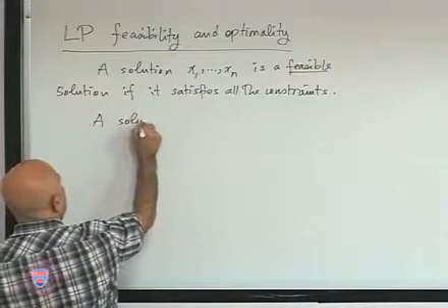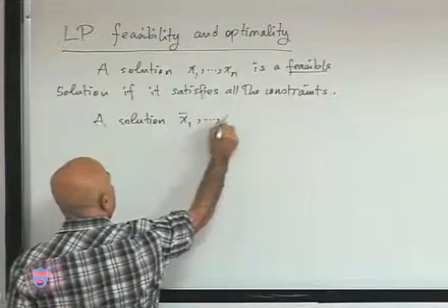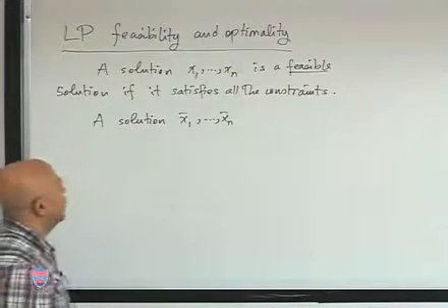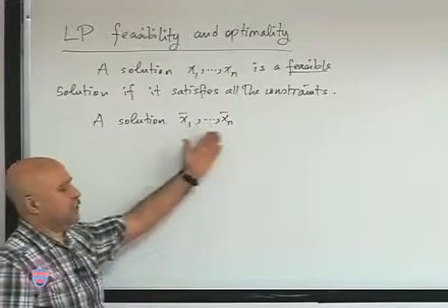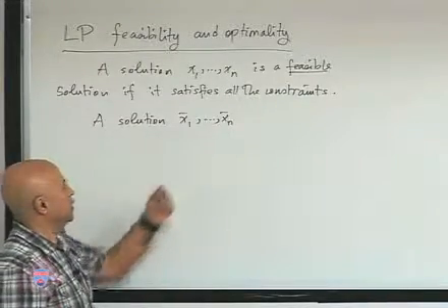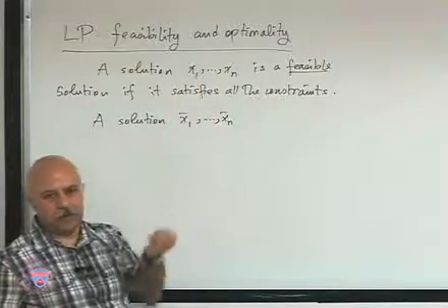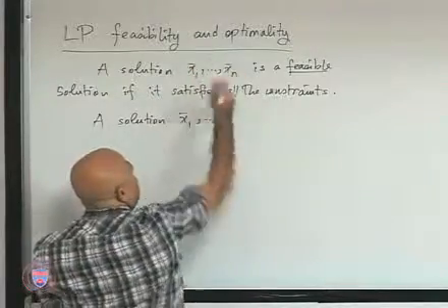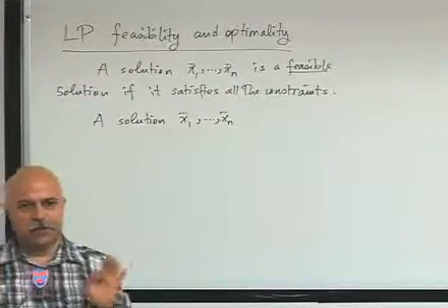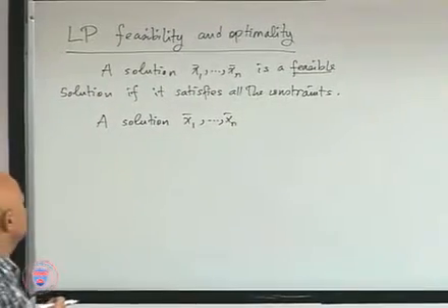A solution x1 bar through xn bar with specific values assigned to each of the variables. In the upper one also you've got specific values in mind, so why don't we make it also bars? We've got specific numerical values assigned to each of the variables.